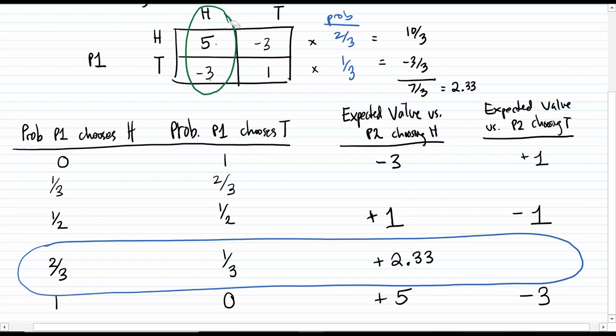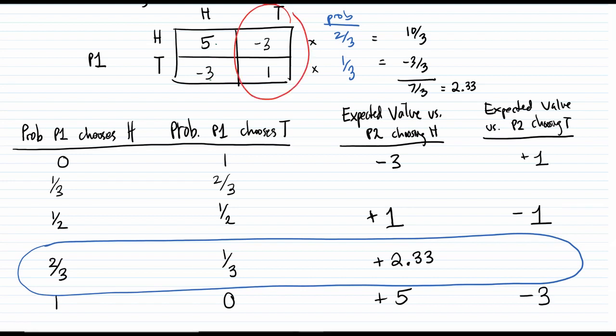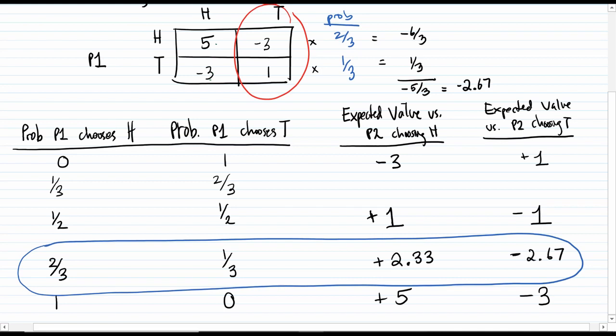And what's going to happen if I do it against tails? Again, my probabilities don't change. It's just the column I'm looking at that changes. Well, now I have negative 6/3 and 1/3 here. So altogether I have negative 5/3. And what's that equal to? That's negative 2.67.